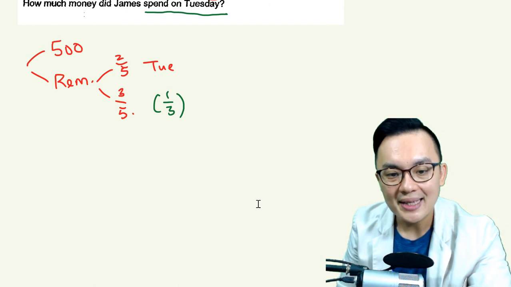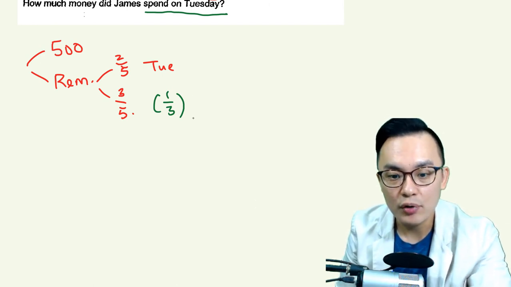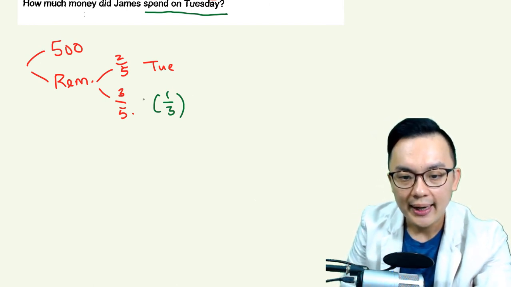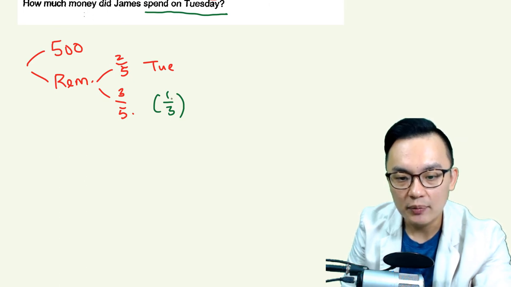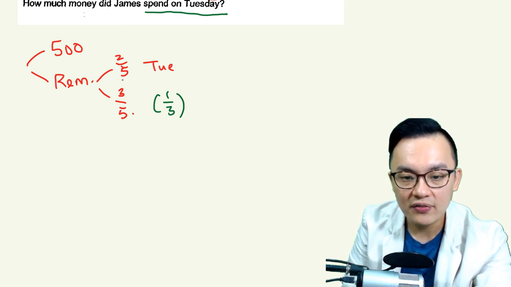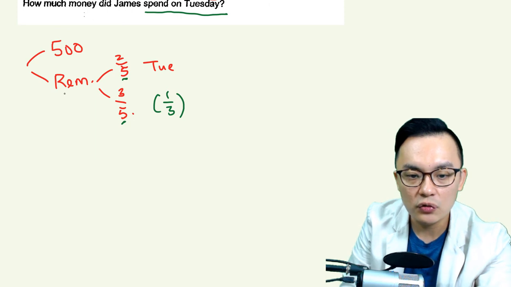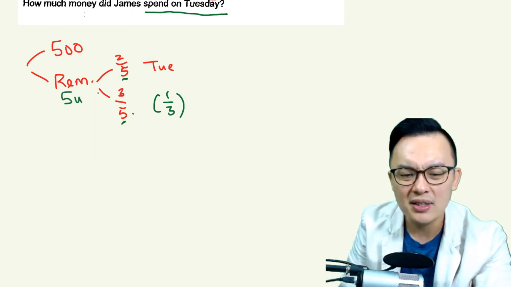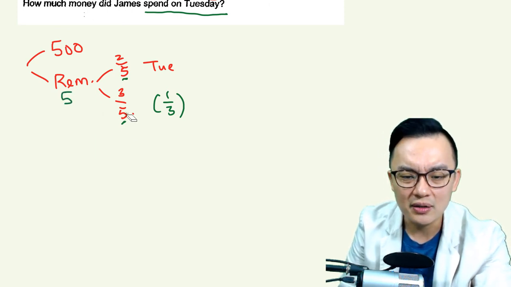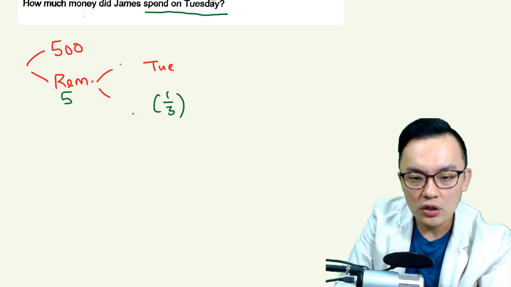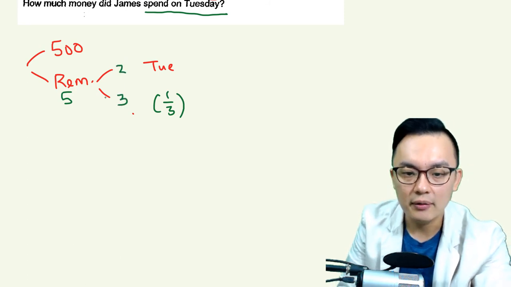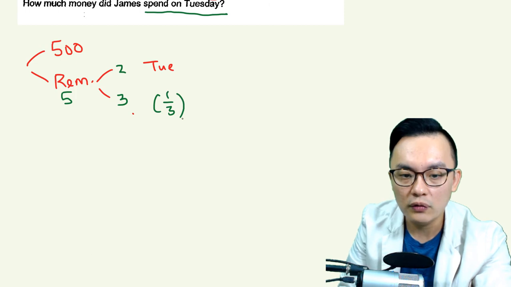For units and parts, you still use the same branching method, but you change it a little bit. Over here, this is 5 units, so you change your remainder to 5 units. Actually, you don't put 5 units. This is changed to 2 and 3, so 5 over at the total, and 2 and 3 over here.